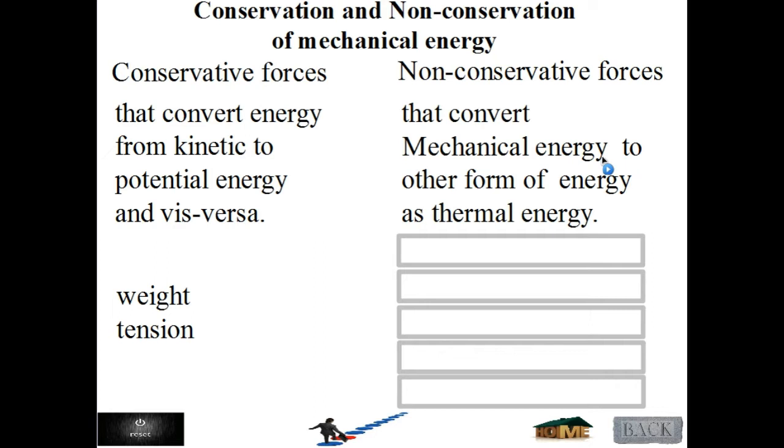If we have mechanical energy, and for example, we convert the mechanical energy into thermal energy, then this force that converts such energy, mechanical energy, into thermal is a non-conservative force. An example of these forces is friction. Friction will take mechanical energy and convert it into thermal energy, so it is a non-conservative force.